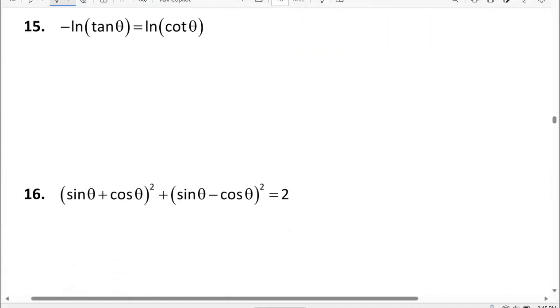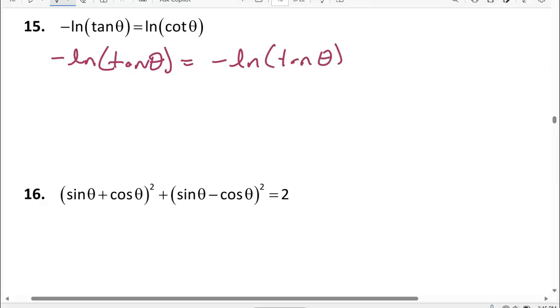All right, in number 15, we're going to start with the negative natural log of tangent of theta is equal to the negative natural log of the tangent of theta. We're going to use a log property. When there's a multiplier or coefficient of a natural log, you can move it into the exponent of the argument of the log. So this is natural log of the tangent of theta raised to the negative 1 power.